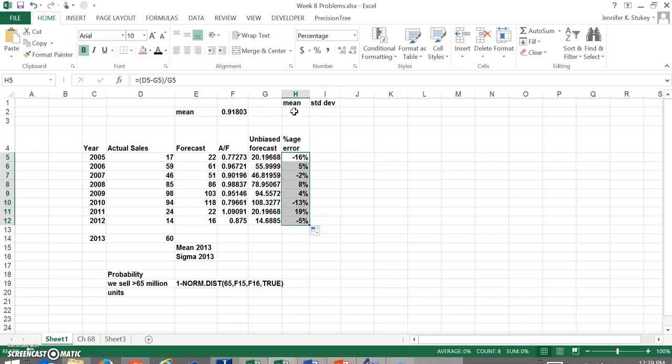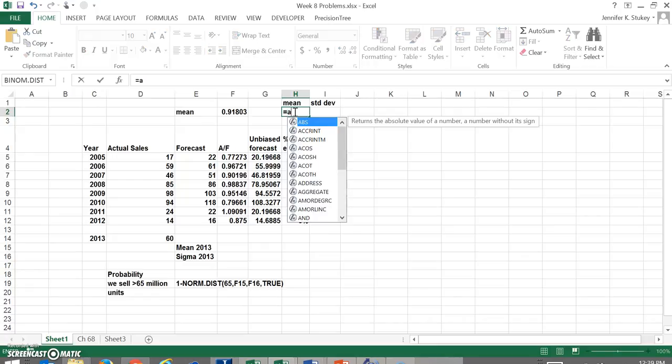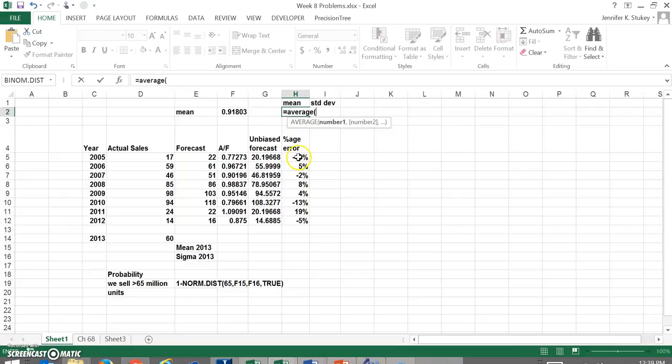Now we want to calculate the mean of the percentage error. Again, we do the average and grab this percentage error column. This is a really small number.